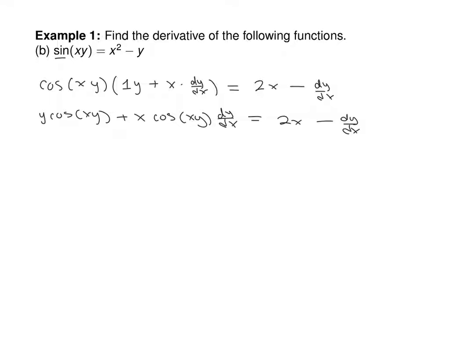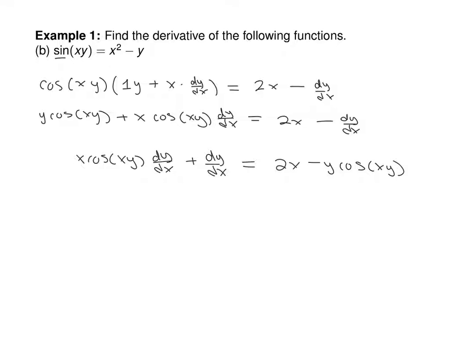Does that make sense? Okay, then if you put all the dy dx's on the left, what's your left side going to look like? X cosine xy dy dx, plus dy dx equals 2x minus y cosine of xy.